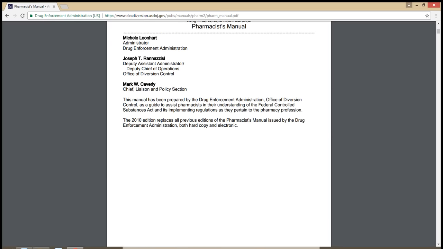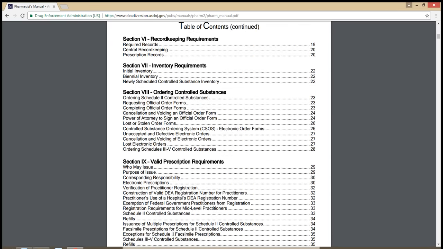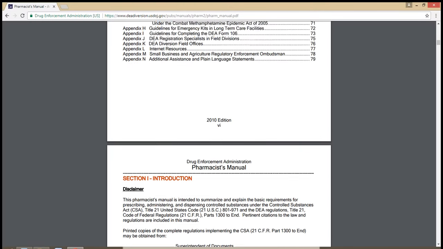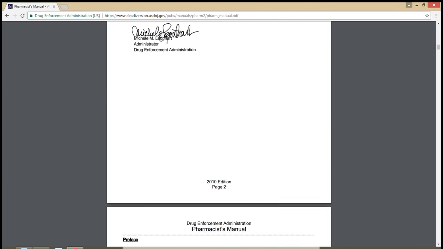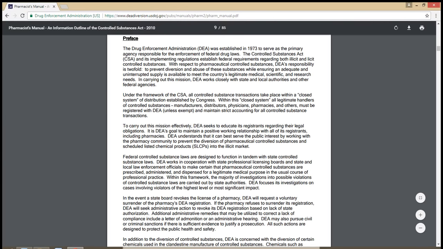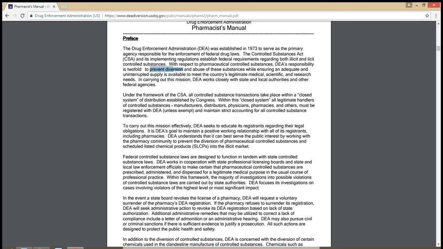And what is the purpose of the DEA? So basically the DEA is responsible, we're going to have that in here in the preface. The main responsibility is mainly to prevent diversion. Of course, that's for sure. So to prevent diversion of controlled substances, that means people selling controlled substances and so on.